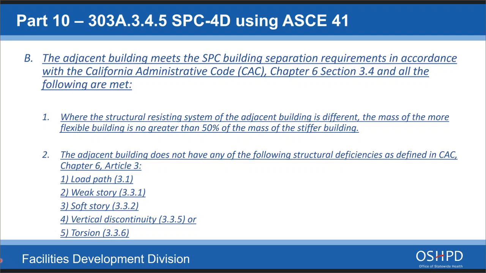So if your adjacent building to the one that you're going to retrofit to SPC 4D does not have any of these, and it satisfies the requirement in the CAC, then you do not need to do a pounding evaluation. Okay, so that was the criteria that was decided as the additional requirements by which you can avoid doing a pounding evaluation.